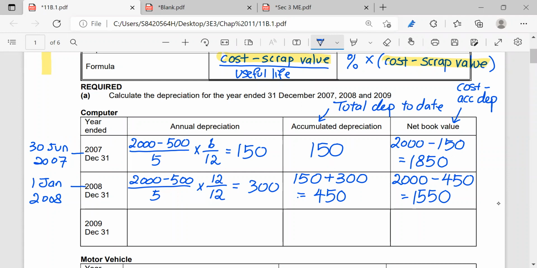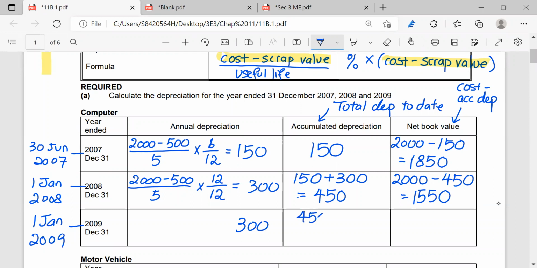Third year depreciation. Actually, for the third year, you also use it for 1 whole year, because you start using it from 1st January. You already have the computer, you will keep using it. So for annual depreciation, you can just copy the previous year. It's just 300. Accumulated, remember to keep adding it.